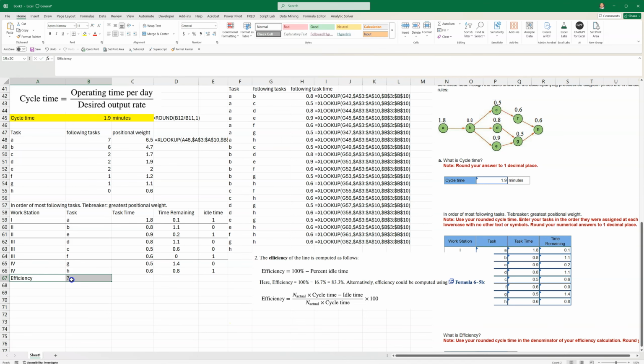So let me just move this down. Number of workstations is 4, right? We have 4 different workstations. So that's what this n actual. So now I can go equals parentheses 4 times the cycle time, and then minus the idle time.